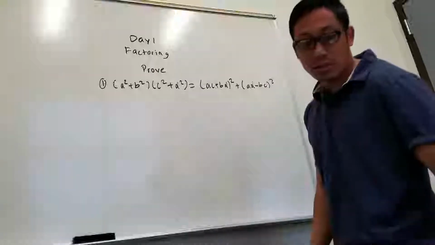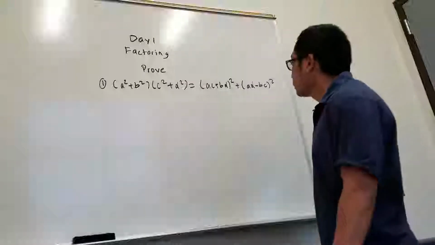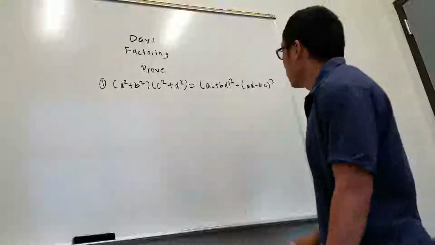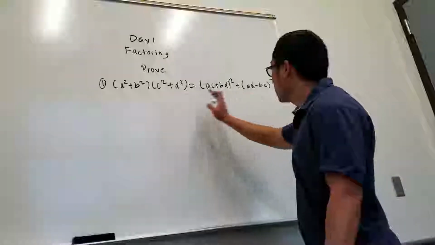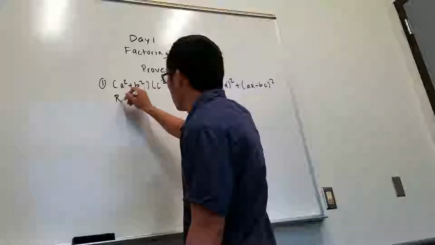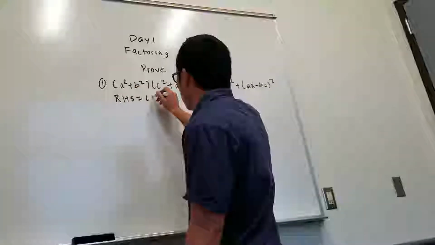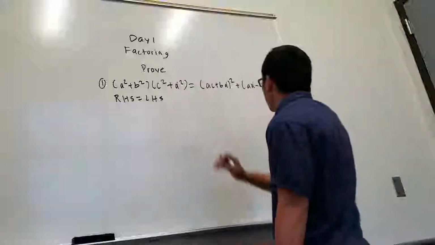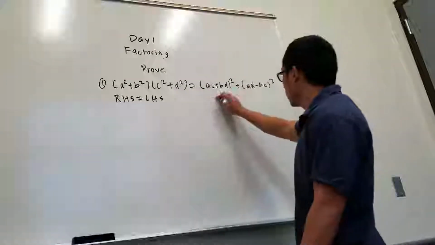As I mentioned, this is going to be an accelerated pace, so if you feel like you need to pause the video, feel free to do so. So what I'm going to do is prove the right hand side is equal to the left hand side. So this is the right, this is the left. So let's do this. We're going to FOIL this.